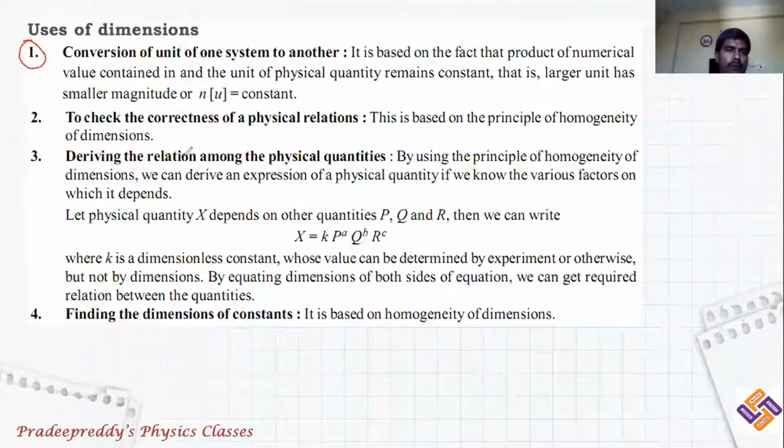Number 2, you can check correctness of a physical quantity. Number 3, we can derive relation among different physical quantities. Number 4, we can find out dimensions of physical constants. Okay, one by one, I'll teach you one example for each, and then we will solve some previous JEE questions.